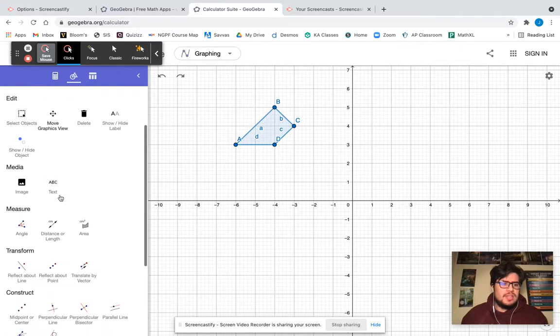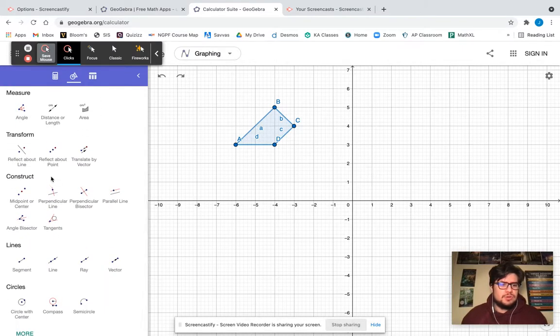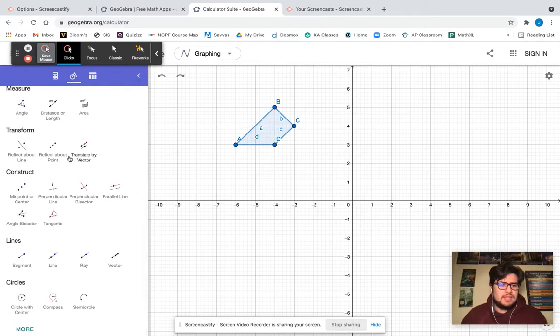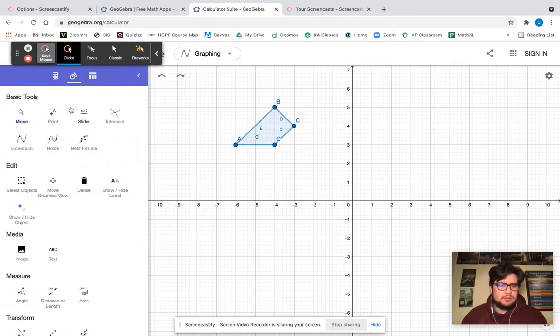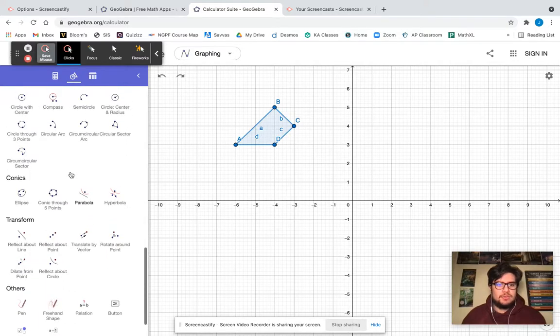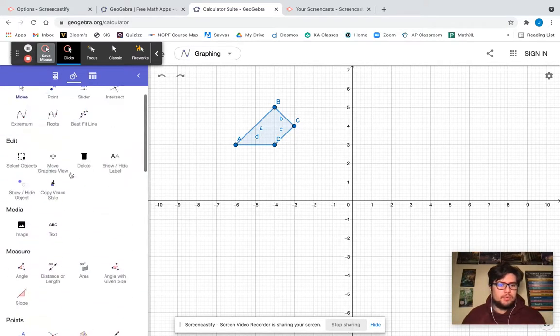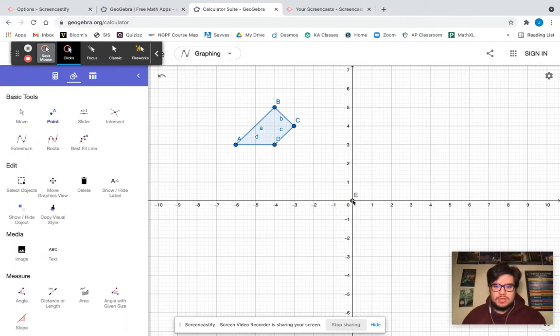All right, so let me go here, and I'm going to rotate. Okay, in order for me to rotate, I'm going to have to put a point here for us to rotate along. So I'm going to put a point here at the origin.